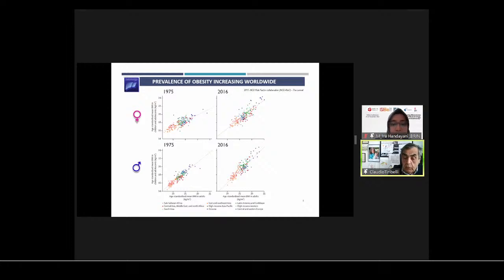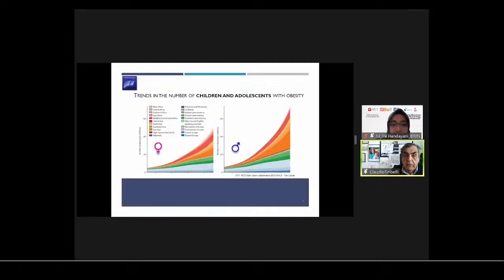And this is something we have to cope with and fight. Actually, even more worrisome are the trends in the number of children and adolescents with obesity, in both males and females. This is true all over the world, and also in Southeast Asia, particularly in male children.